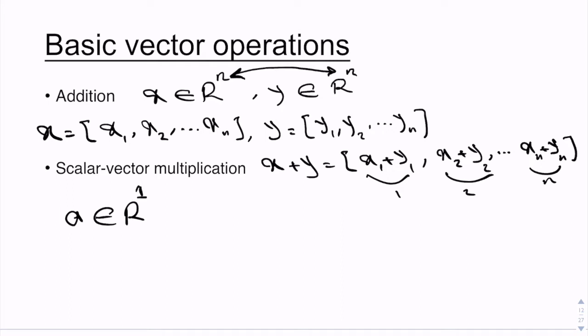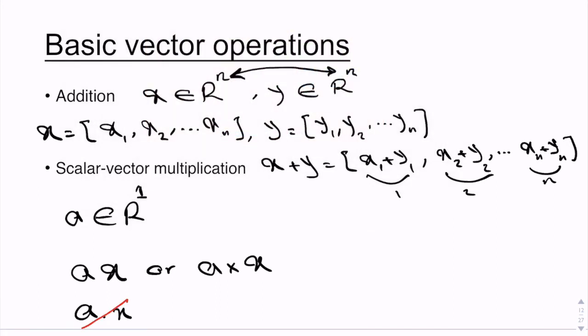Then we can define a times x. We usually use this notation. Sometimes some texts use a dot, a·x, but we don't use it here because it might be mistaken for a dot product.